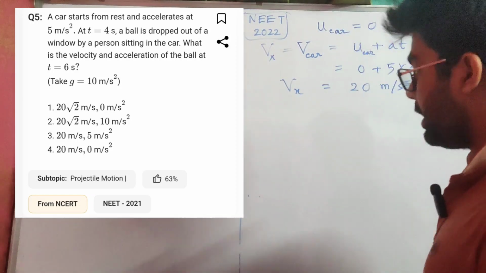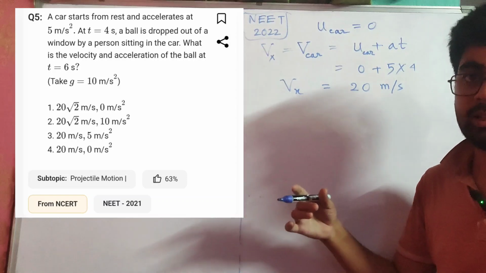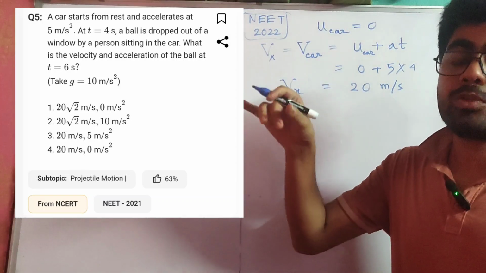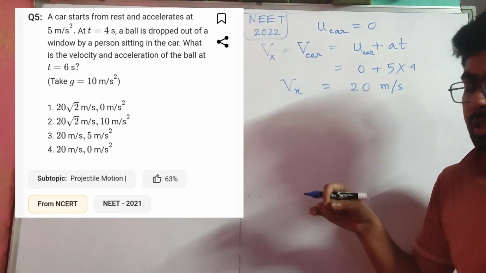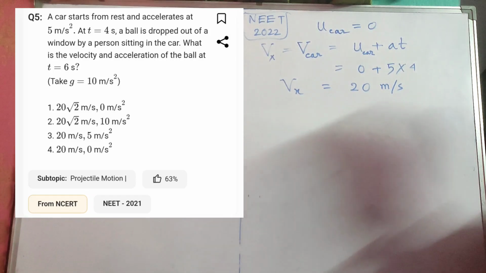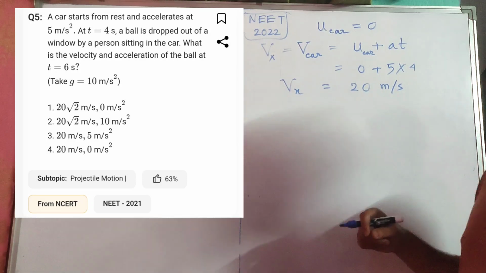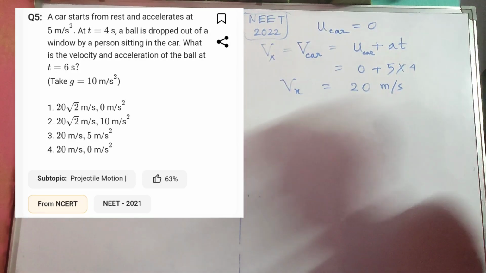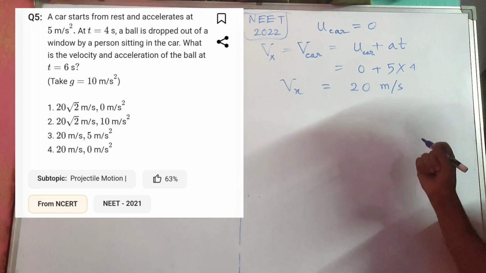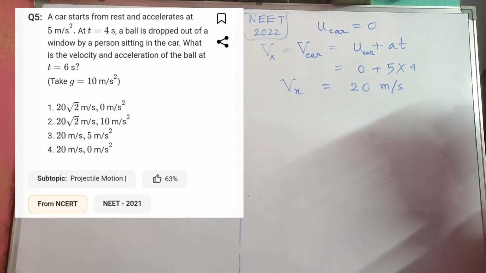The ball is dropped from the window of the car at 4 seconds, and we are looking for the velocity at 6 seconds.